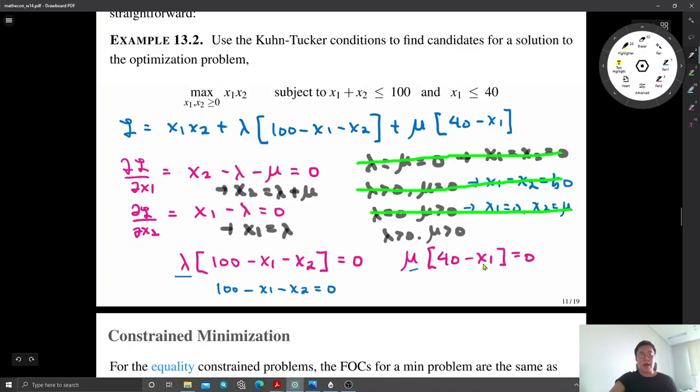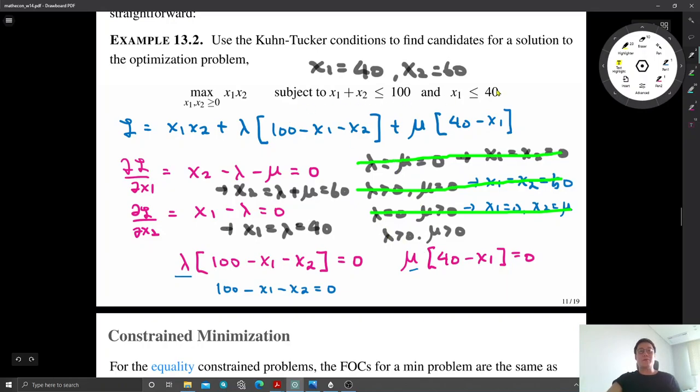So that tells us lambda is also 30, and lambda is positive. So by complementary slackness, x1 plus x2 should be 100. Because lambda is 30, mu has to be 20, so x2 must be 60. So we have a unique candidate for this solution: 30 and 60.